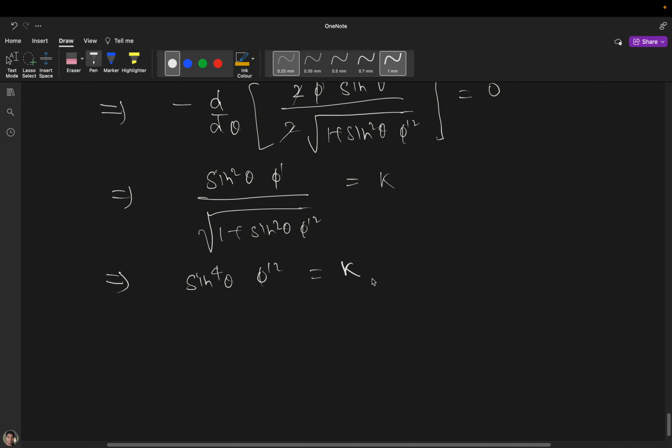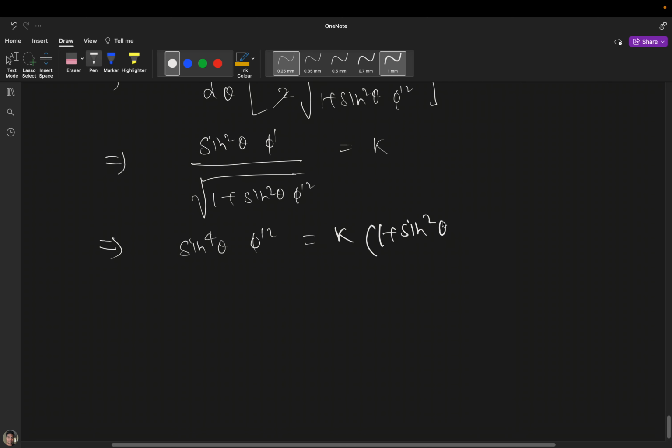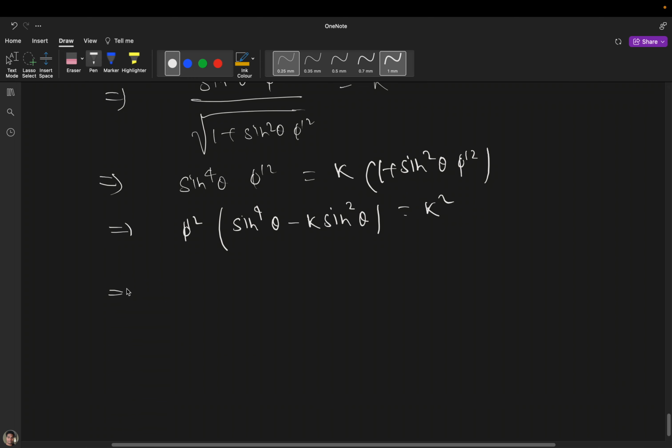So k times 1 plus sin square theta phi dash square, and taking phi dash square common, this will become phi dash square times sin raised to the power 4 theta minus k sin square theta equal to k square, and now it has simplified like this.